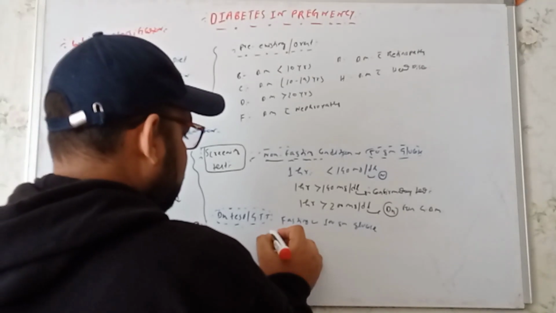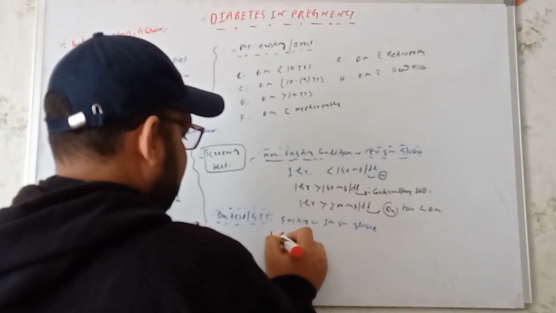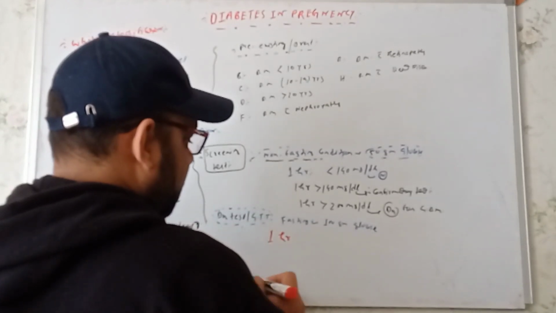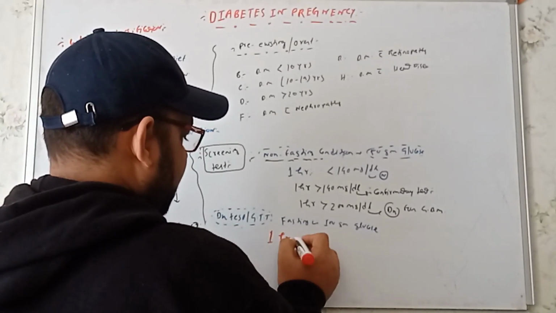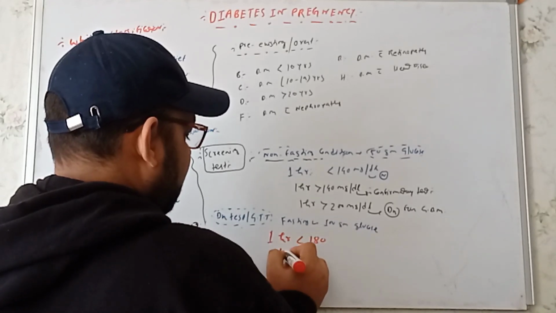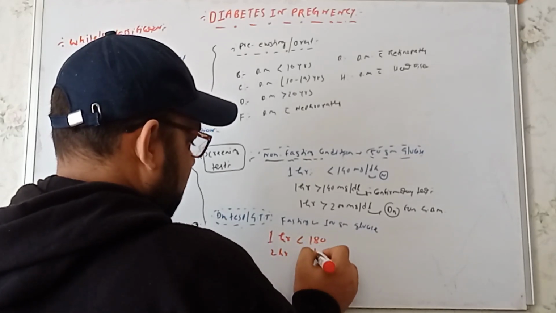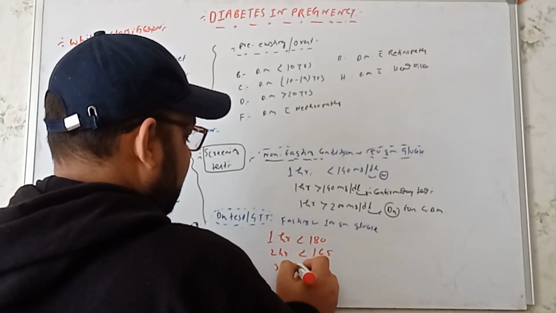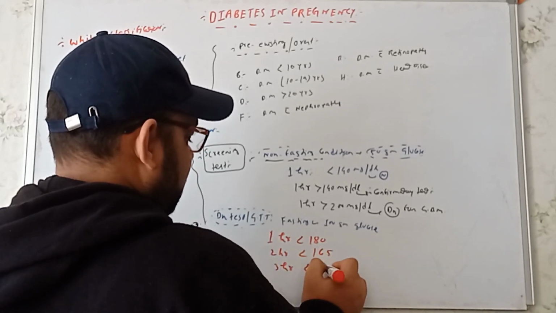Okay. So after 1 hour, for example, if we see the value is less than 180. After 2 hours, if we see 165. After 3 hours, for example, if we see less than 145.